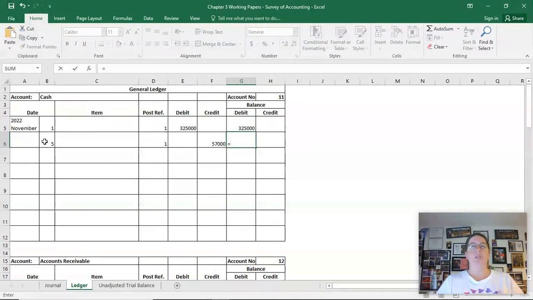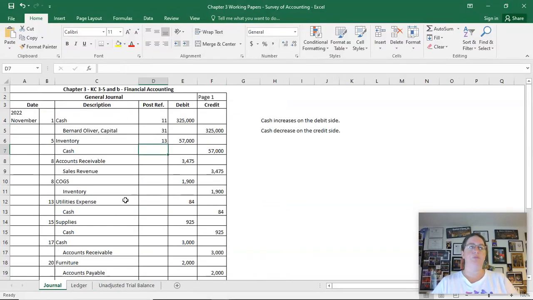I'll type in equals this number minus this number and press enter, and it automatically tells me that my new balance is $268,000. Our general ledger is going to track our balances as we go through this problem. Go back here, put my 11 in there.